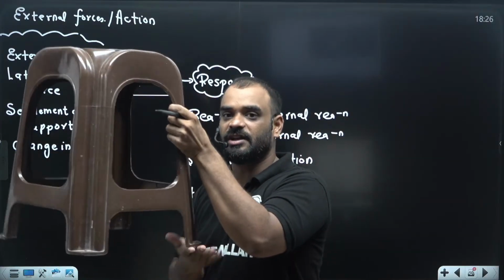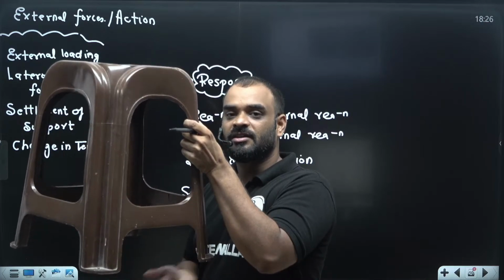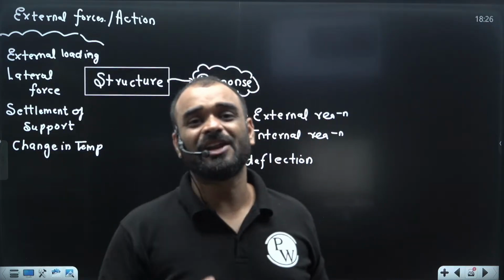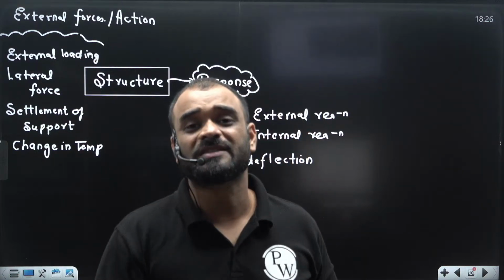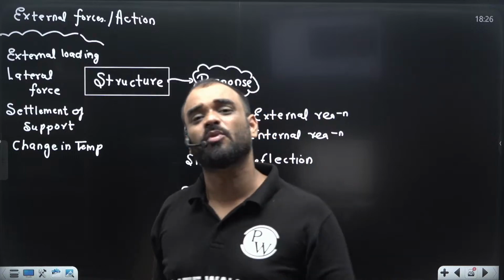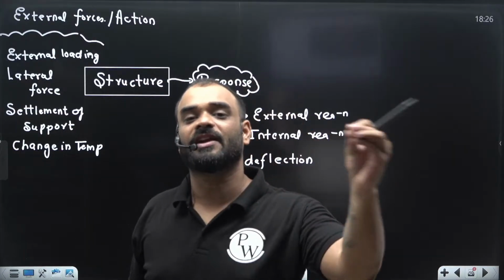There are certain vertical reactions that will develop at the legs of this particular stool. So we need to calculate the value of these responses, the value of these types of reactions, by using some methods or some equations. If you are able to do it, then that is our structure analysis.